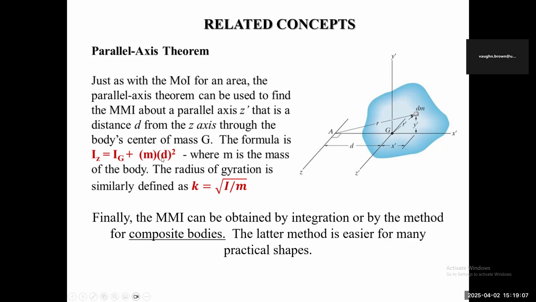Now d squared is something you have to look to see where it is. Sometimes you have to use Pythagoras' theorem to find it, and we'll show you in the problems between now and next week.